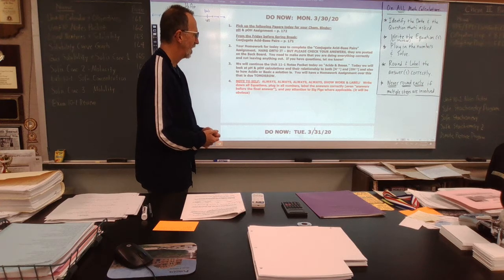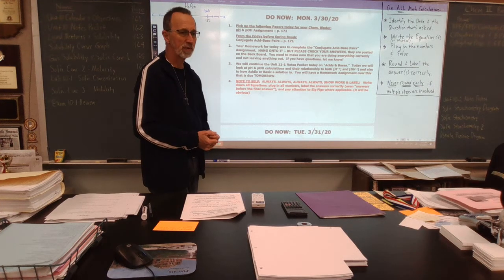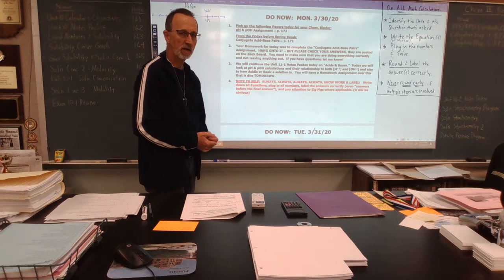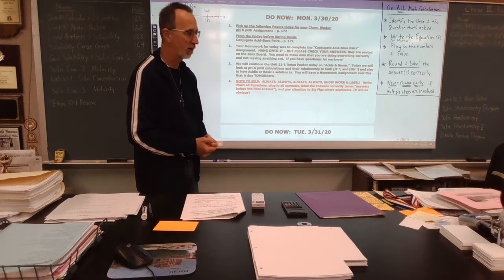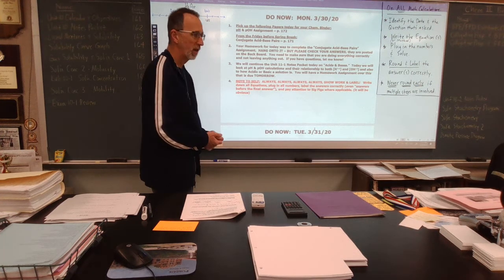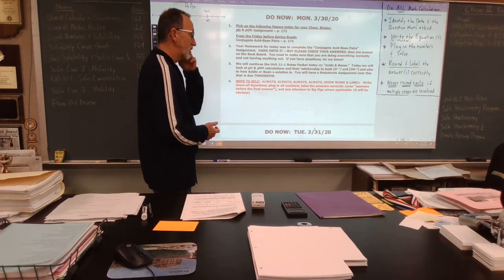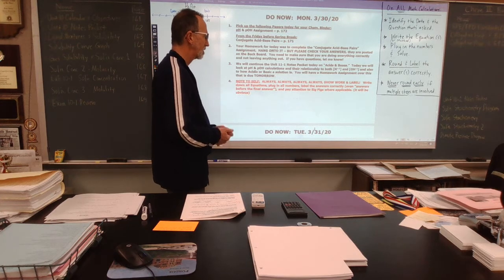I ended up not collecting that assignment, but please make sure that you check the answer key so that you're aware of how to do all of those things. And if not, please email me and let me know. Today we're going to continue the acid and base notes.